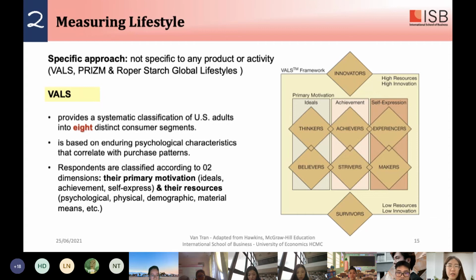Actually, at first, the exercise I asked you to do was to take the VALS survey for the US and then take another one for Chinese to compare whether they result in the same segment, the same lifestyle, or differently.